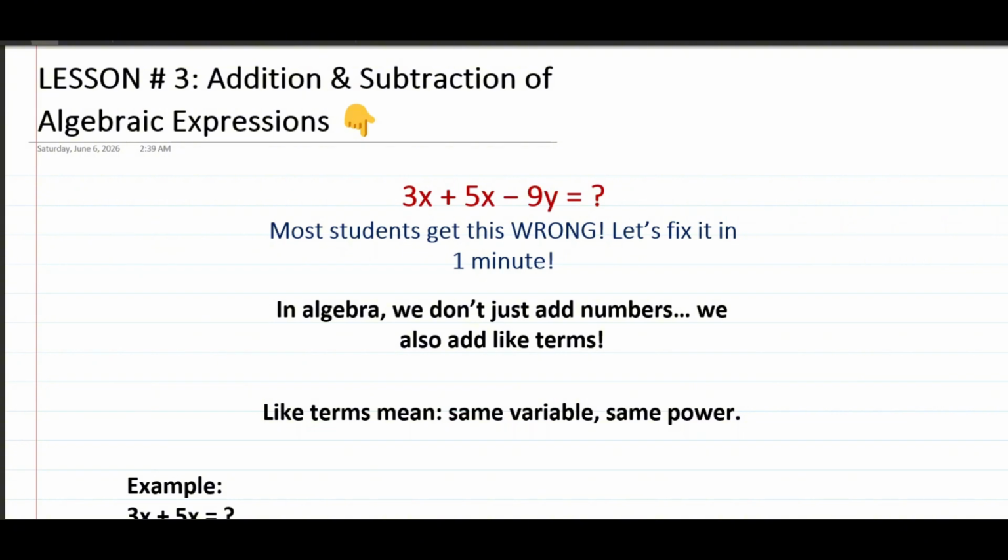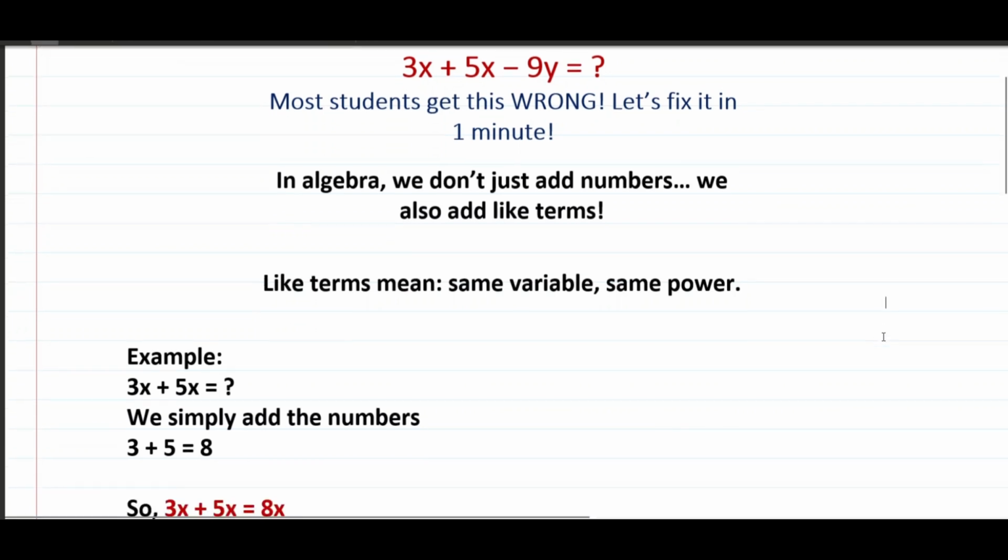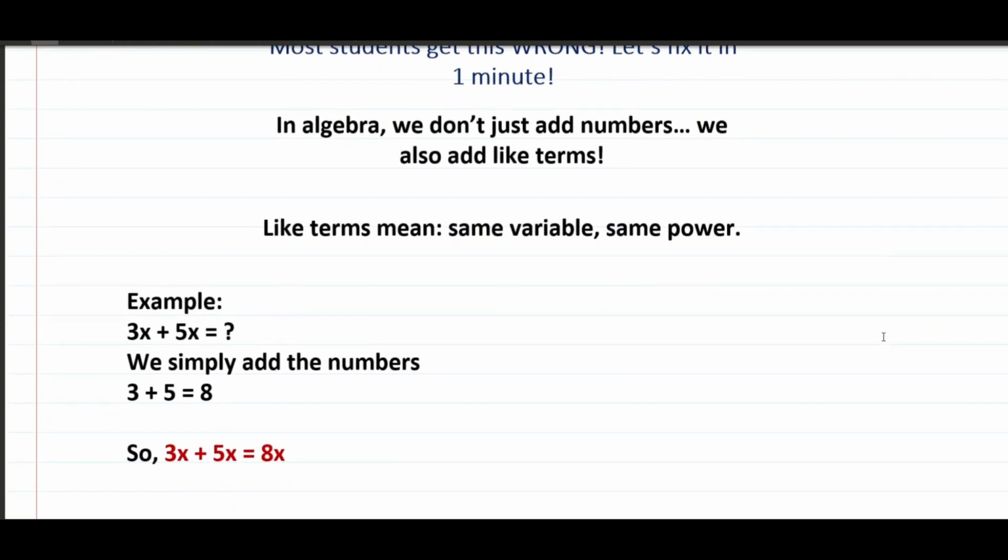So let's start. As we have studied before, in algebra we don't just add numbers, we also add like terms. What does it mean? Let's look forward. What are like terms? Like terms are terms that have the same variable and the same power.